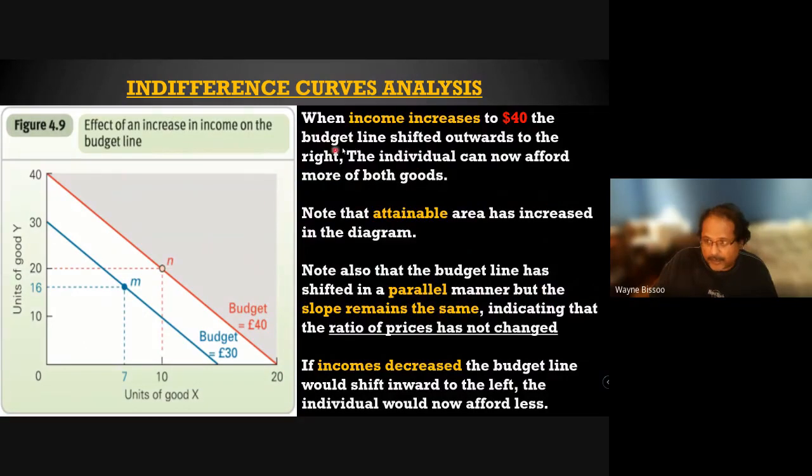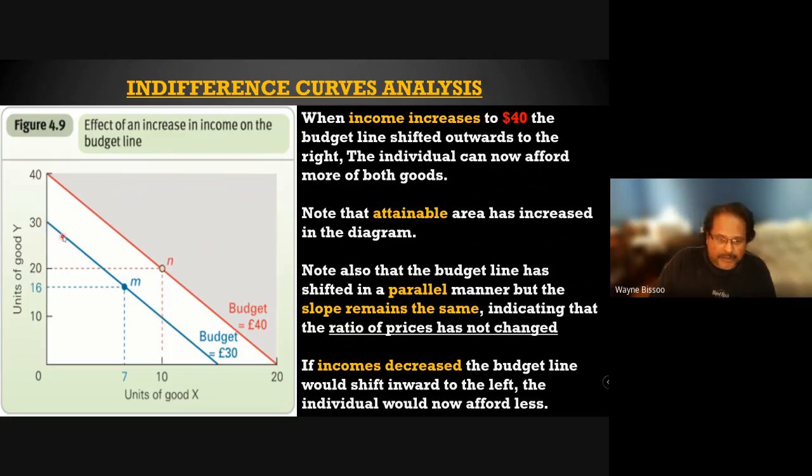Let's look at this one here. When income increases to $40, so we're taking prices back to the same price now of $1 for each item. With an increase in budget income to $40, the budget line shifted outwards to the right. The individual can now afford more of both goods. Note that the attainable area has increased on the diagram. So if our budget is now $40, and the price of good X and good Y is $1 each, as we had before.